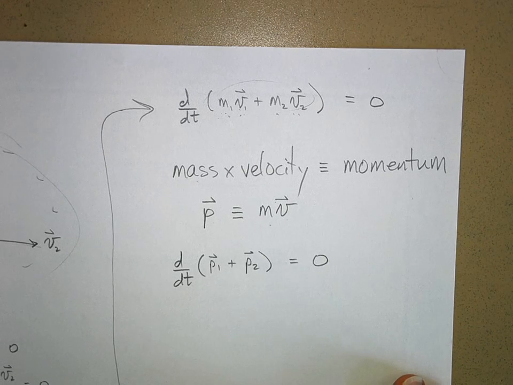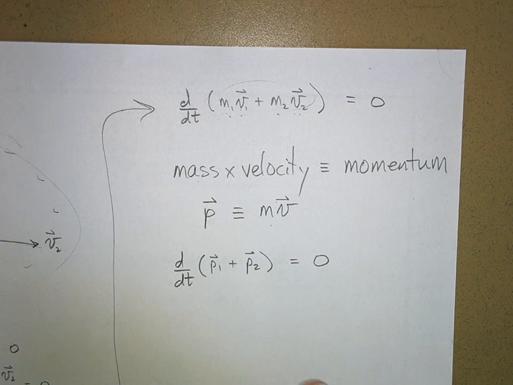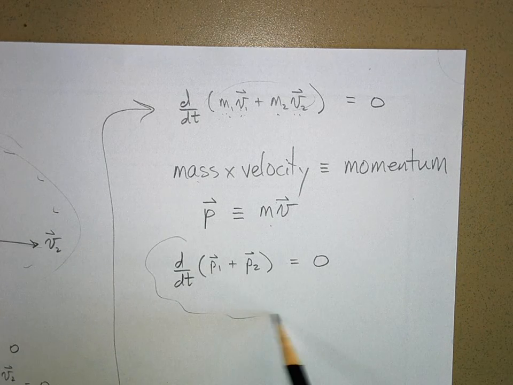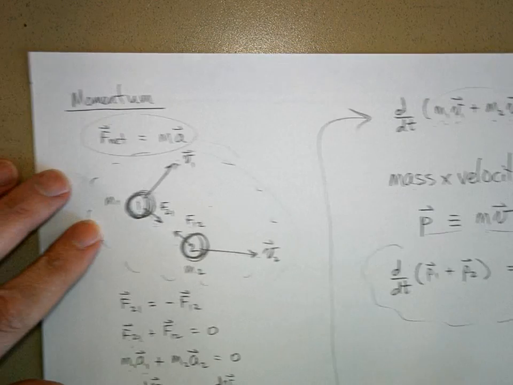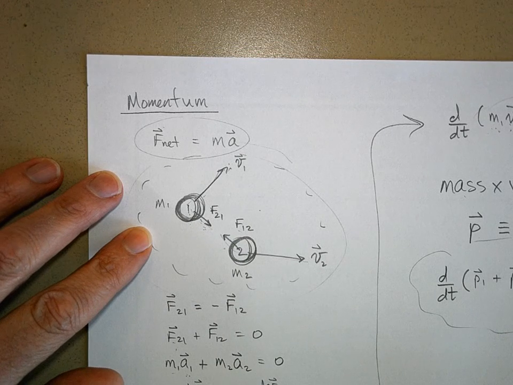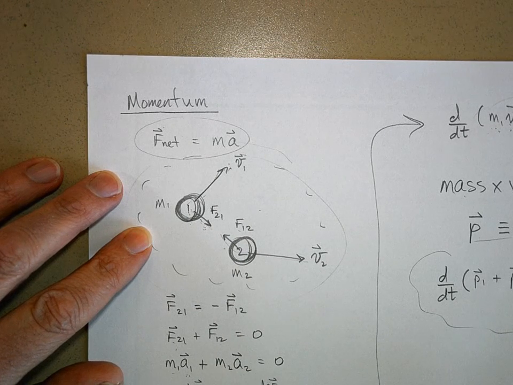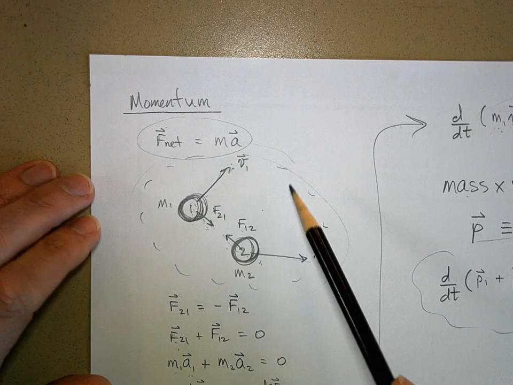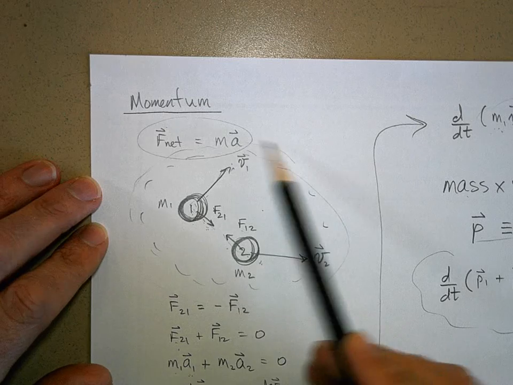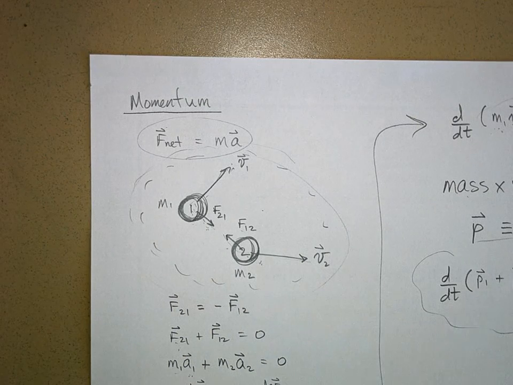Now, what does this mean? What was the basic assumption made to get this big idea going? That my system was isolated. That is, I have a two-particle system here, and I've isolated it from the rest of the universe. The rest of the universe is leaving it alone.